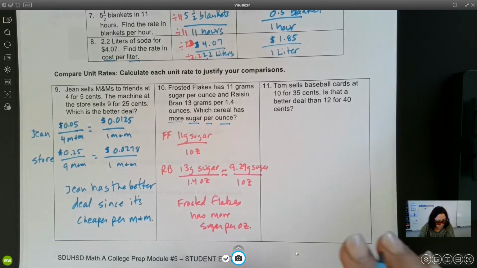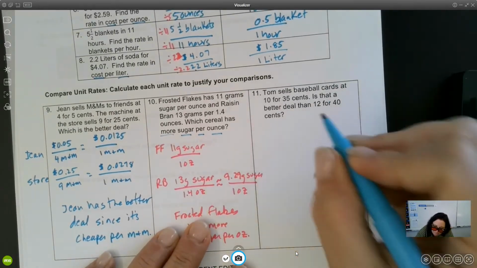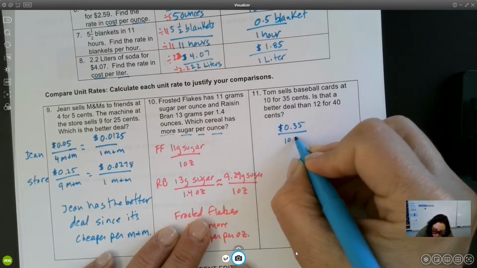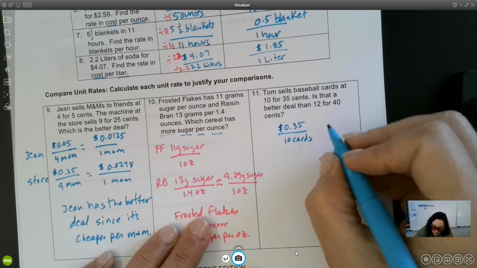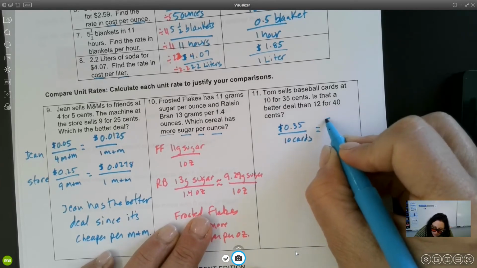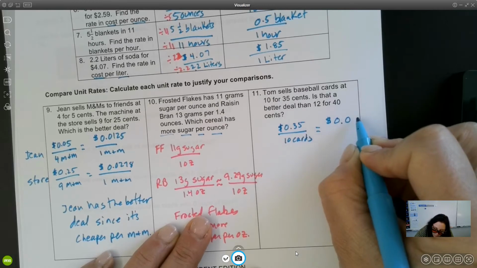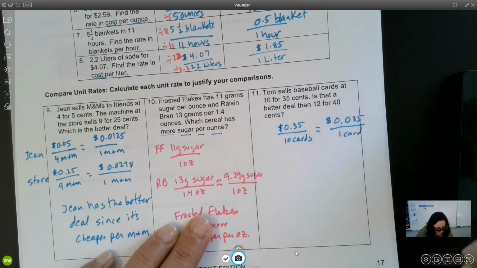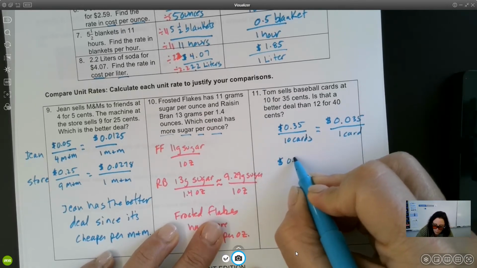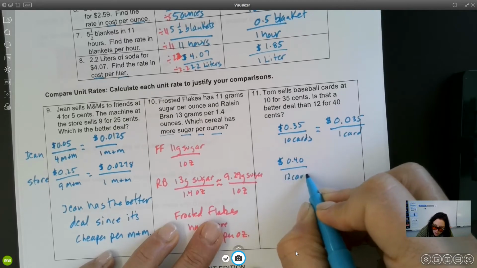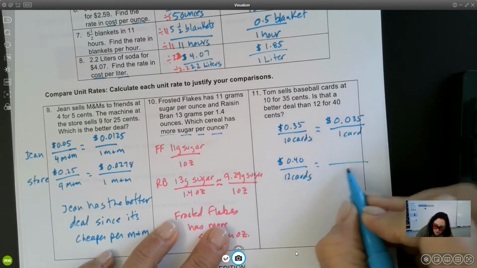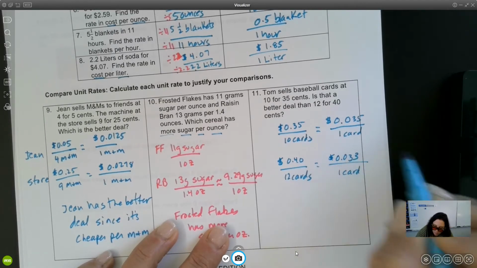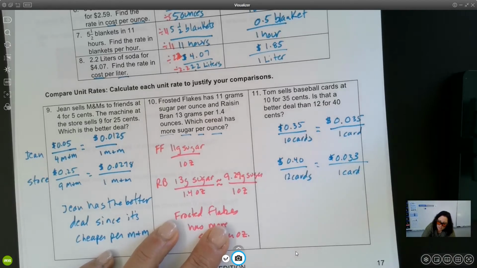I'm going to go ahead and do 35 cents for 10 cards. That's going to get me 0.035 dollars for 1 card. The other deal was 40 cents for 12 cards. That's going to be 0.033 dollars for 1 card.